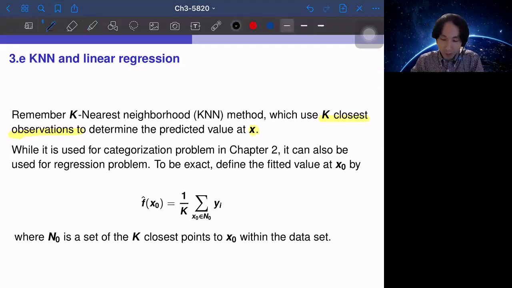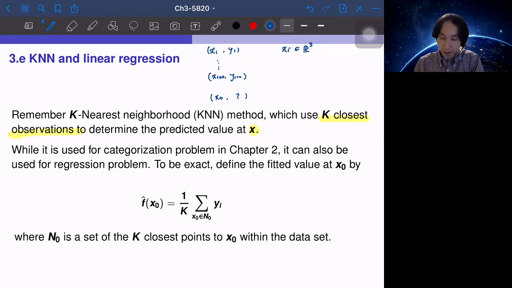So we have the data x1, y1, where x1 may be multidimensional, maybe in R3 if there are 3 variables, up to x100, y100. Then we have a new observation x naught, and y is unknown.